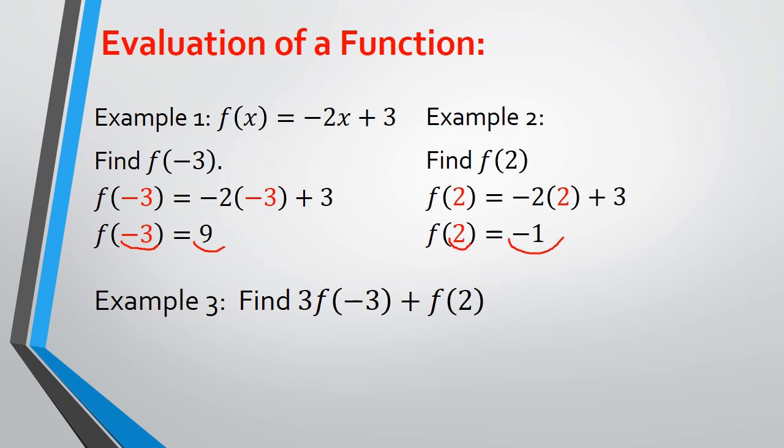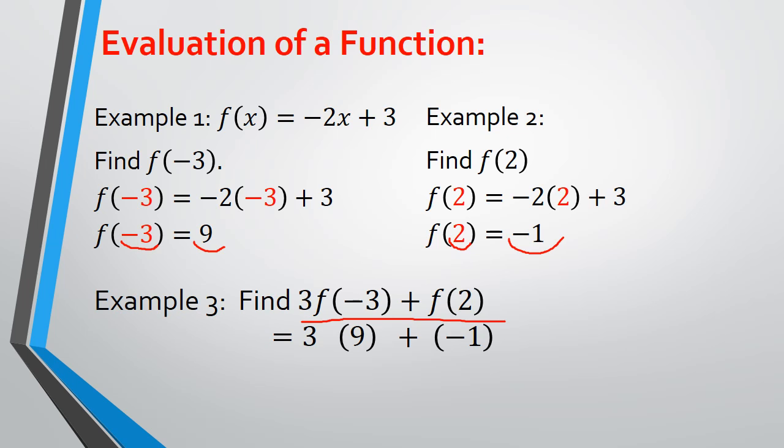Example number 3. Now you are trying to find 3 f of negative 3 plus f of 2. This means that you're trying to find 3 times the output of negative 3 plus the output of 2.